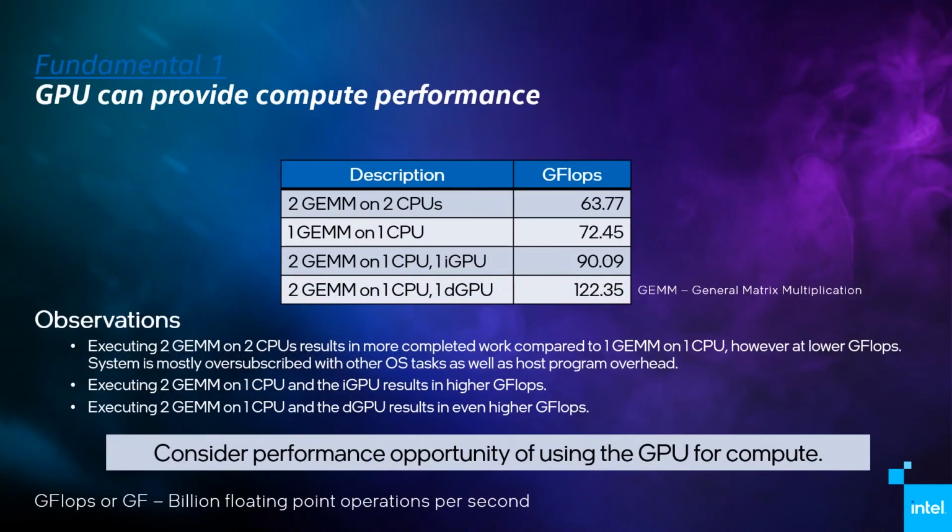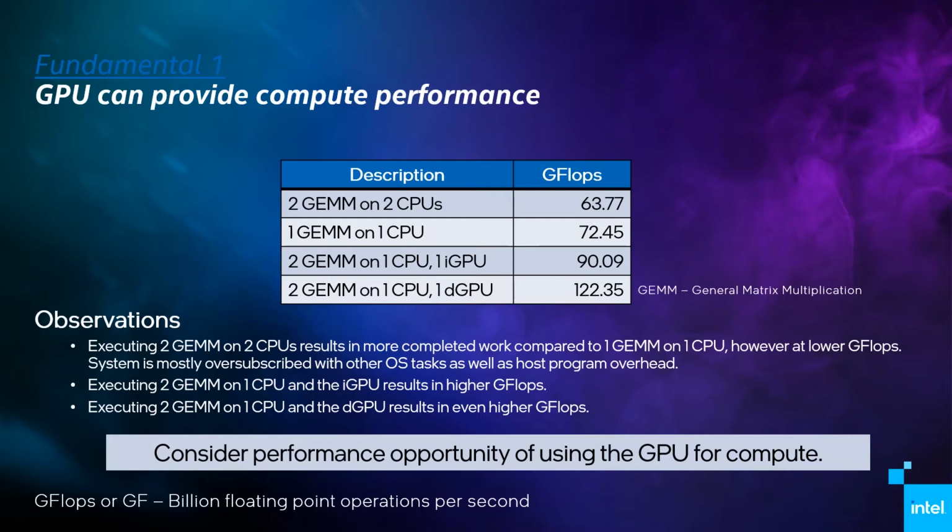The first fundamental is very basic. It's the fact that the GPU can provide compute performance. For all of these experiments, I started with a benchmark, something that represented the application that I cared about, but wasn't the whole application. It was a small piece of it that I could experiment upon, reproduce situations, and test again if I needed to.